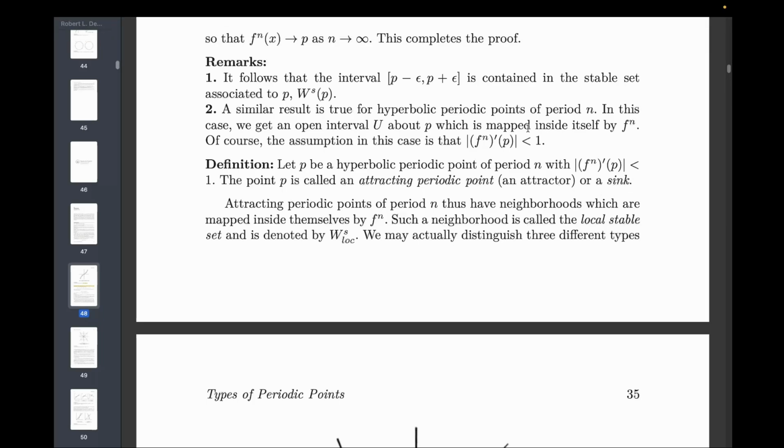And it's interesting because it doesn't matter what the neighborhood is. No matter how far a point can be from P, it will still eventually get mapped back to P in some finite amount of n iterations.